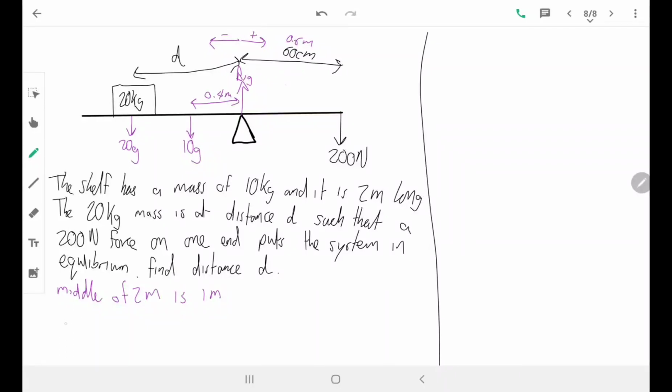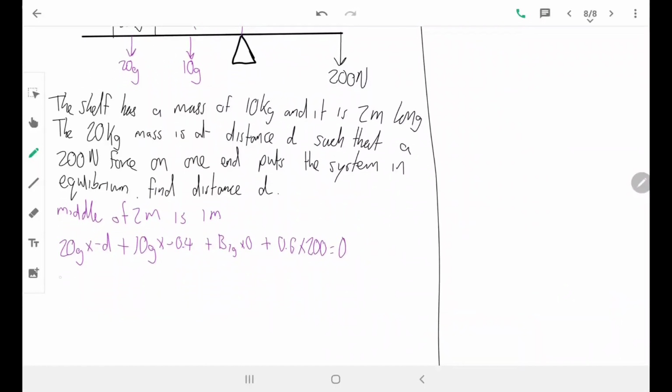We have 20 G times minus D, because our distance is negative, plus 10G times minus 0.4, plus big R times 0, plus 0.6 times 200 equals 0.